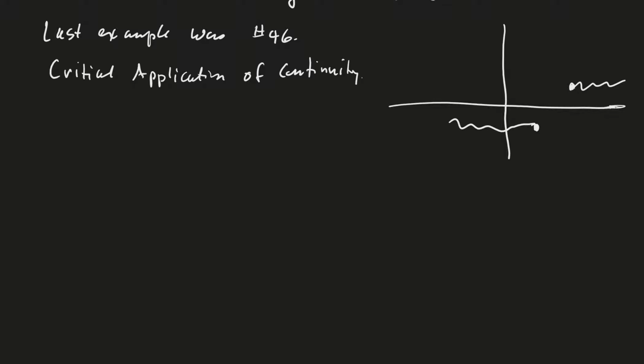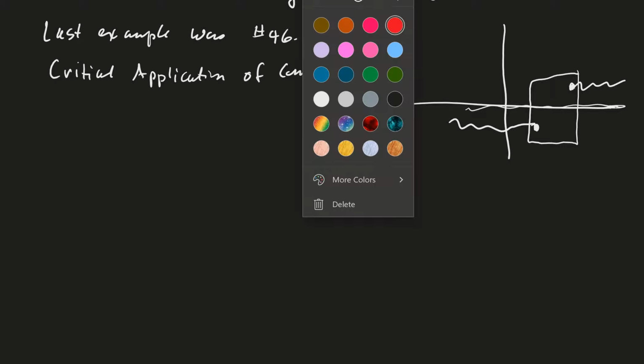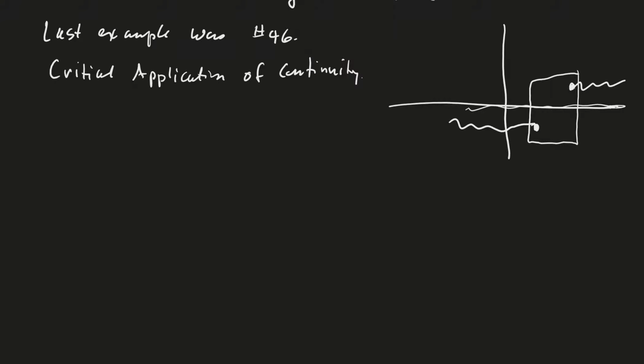Then, if f of x is continuous everywhere, what needs to be true between these 2 points? Well, if f is continuous, then f must cross the x-axis somewhere in between. Okay, and so let me state that over here.